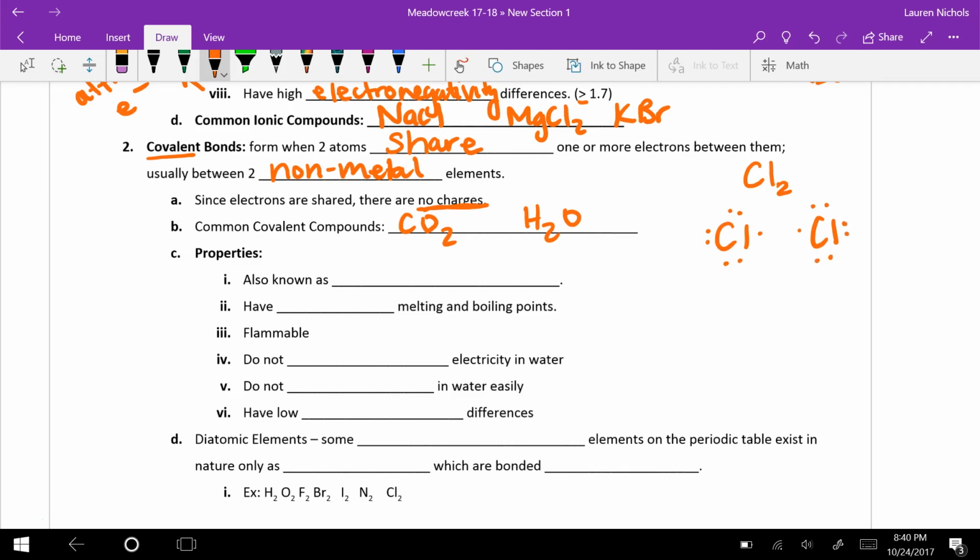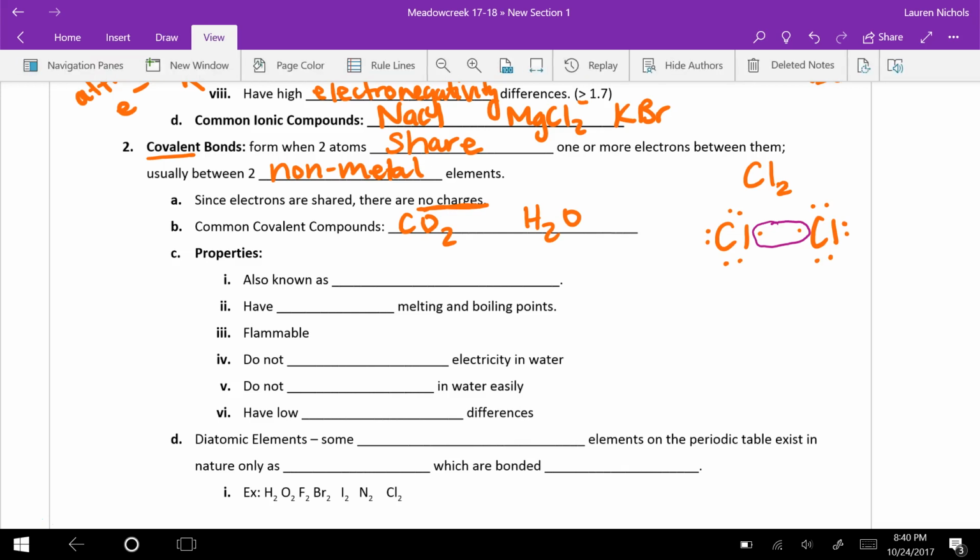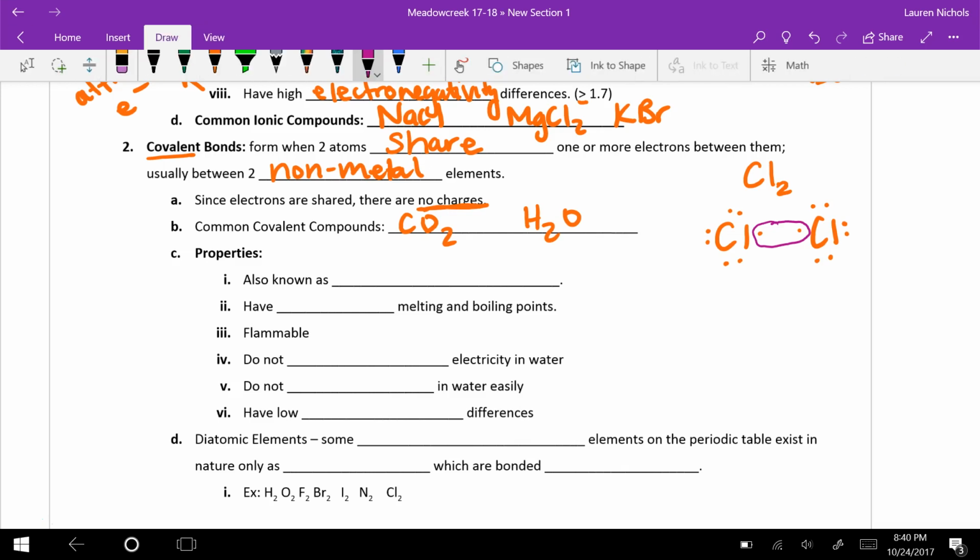It's in column 17. But they have the same electronegativity value. They're not going to be able to pry one electron off from the other. So what they're going to do is come together and share these 2 valence electrons in the center. When they do that, we call it a single bond because there's a single pair of electrons, and we rewrite the pair as a solid dash to indicate that.